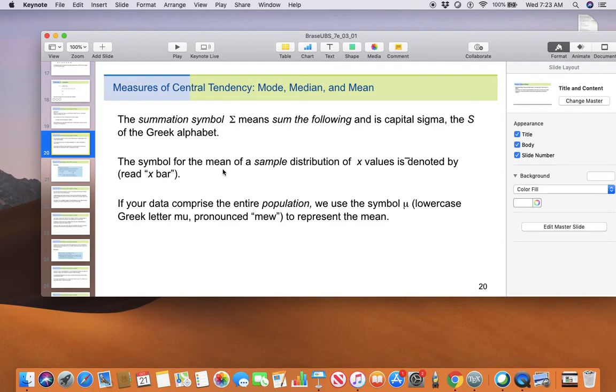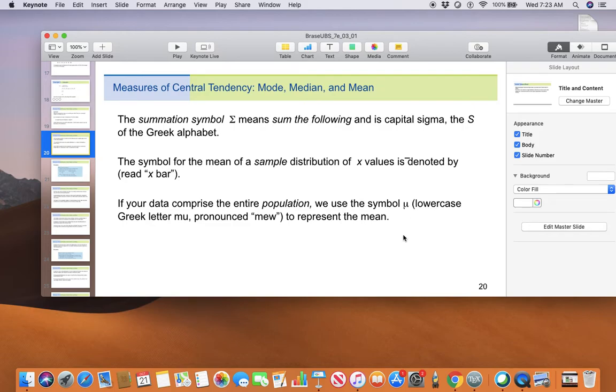The symbol for the mean of a sample distribution of x values is denoted by x bar. So the mean of a sample distribution is denoted by x with a bar over it. If your data comprise the entire population, we use the symbol mu.